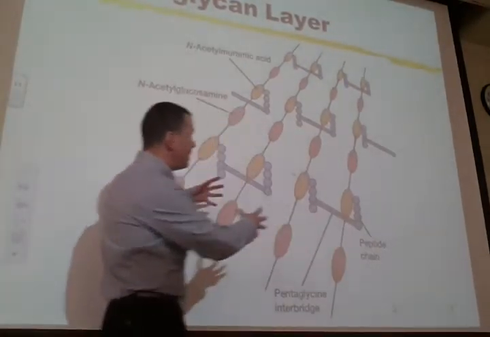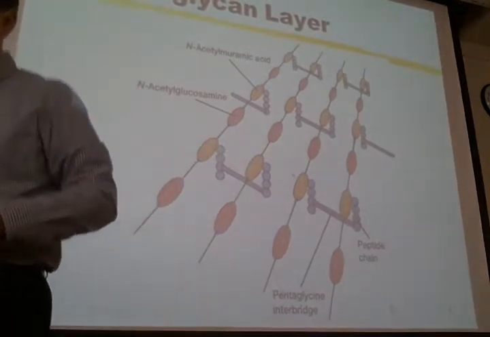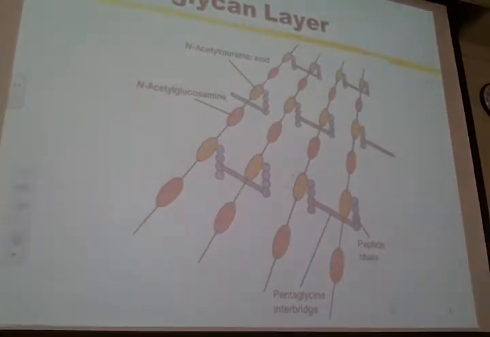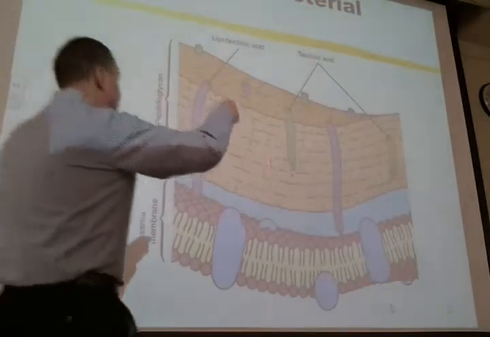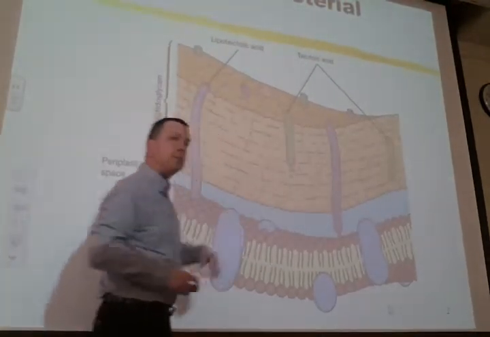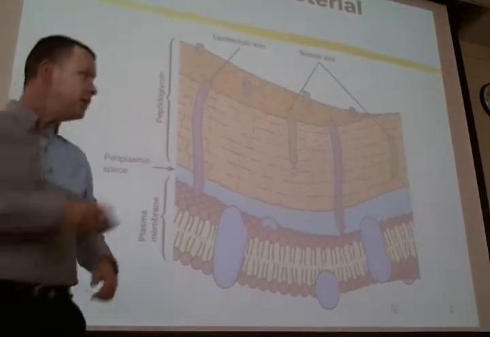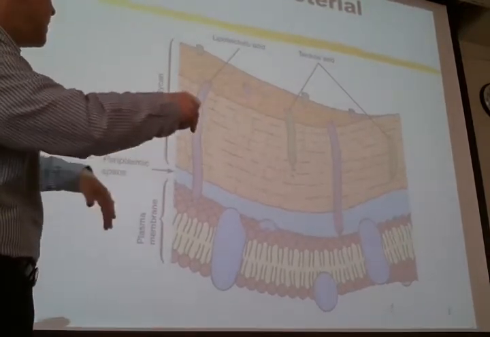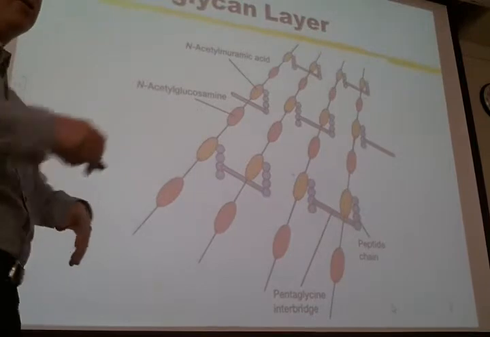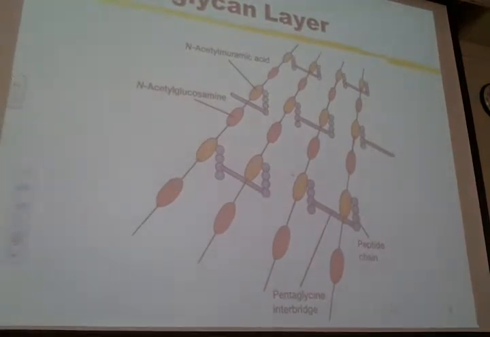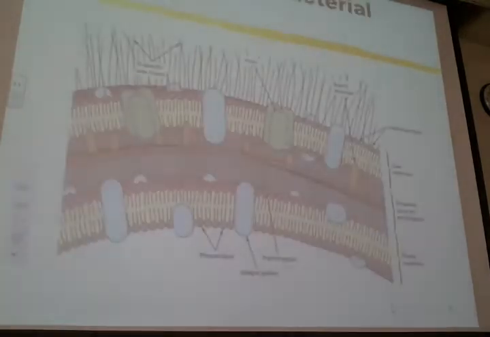So now we've created this solid structure that is put on layer after layer after layer to create this relatively thick peptidoglycan layer. Okay, so this is representing just layer after layer of this situation.